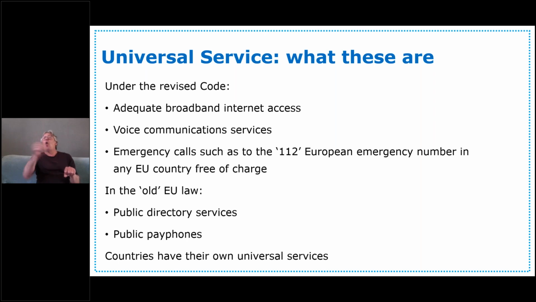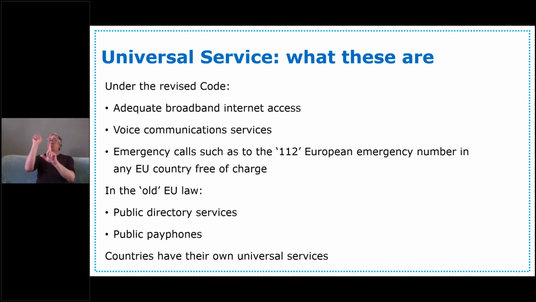In previous legislation, so the code is basically a reform of the previous telecom package from 2009, and in that previous legal framework, there were other services such as the provision of directory service to find telephones that you need, or the provision of public payphones on streets and different places.